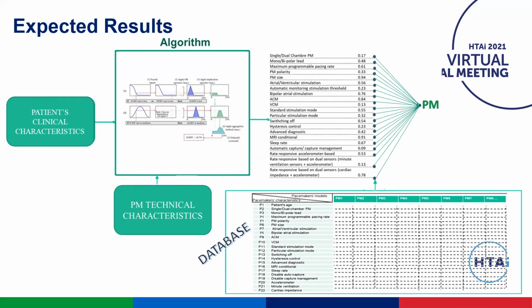The fuzzy logic final score results in a weight score associated to each technical characteristic previously defined. The pacemaker model from the database with the highest score will represent the one that includes the highest number of specifications reflecting the most suitable pacemaker for the specific case.